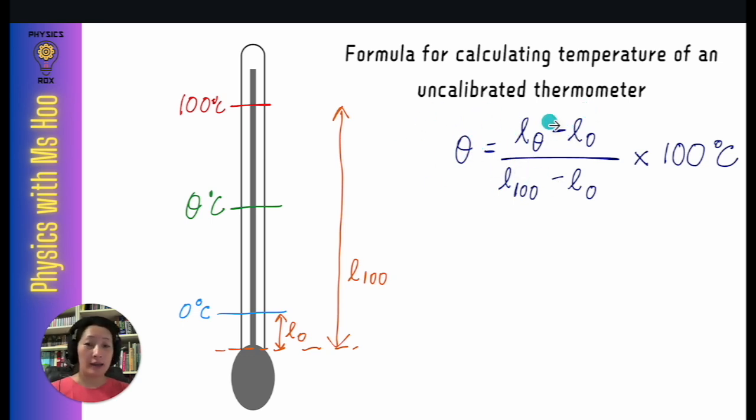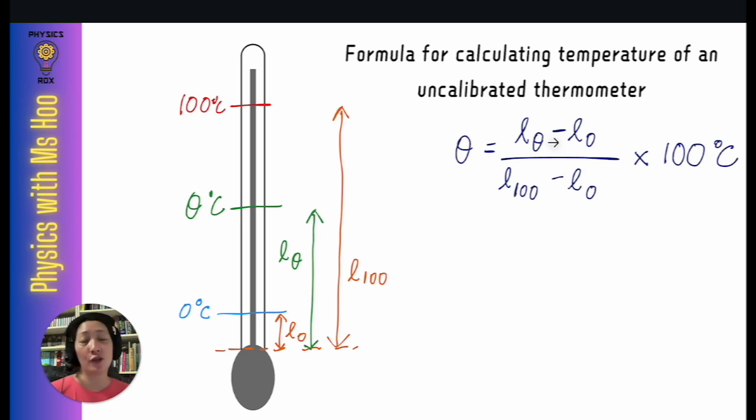L theta refers to the length of the mercury column between this unknown temperature and of course the same starting point. So that's L theta. So when we want to use this formula, these are the values that we need to recognize and substitute into this formula. Now, in the next slide, I will show you how to use this formula to solve a question.